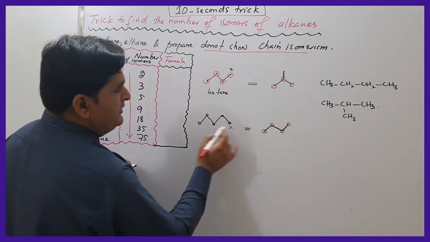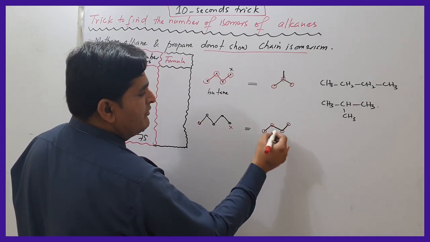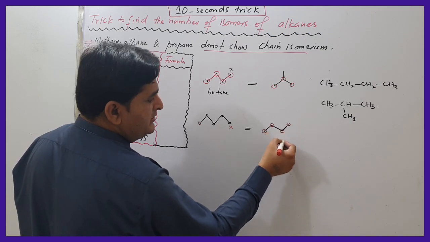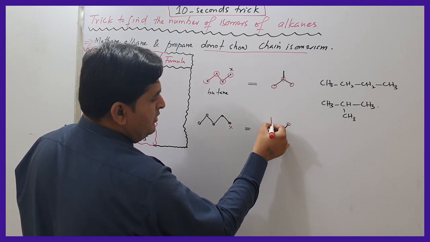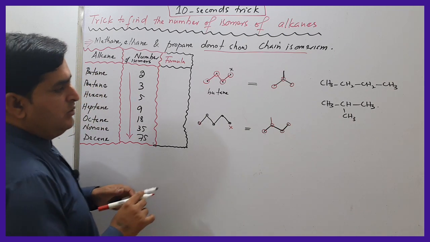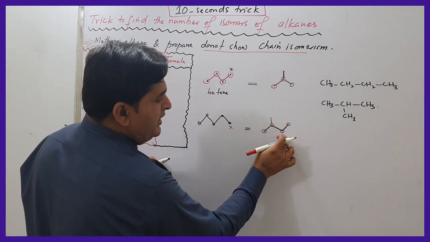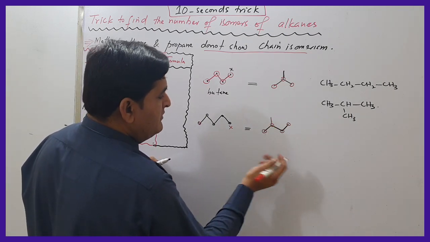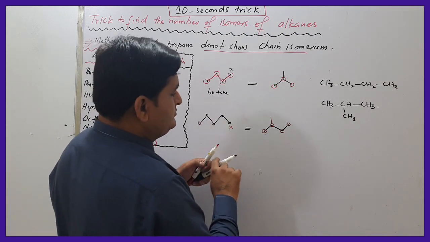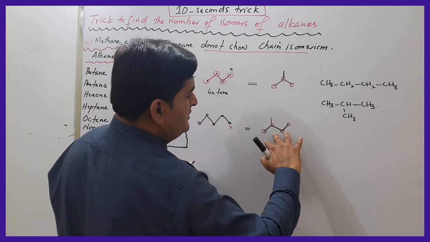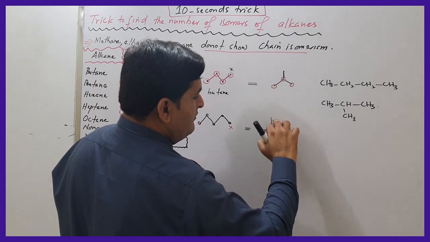Now the carbon that we have removed, we may attach either at this position or this position. If we put this carbon at either position, the structure will be the same. So how many carbon atoms are in the main chain? 4, and 1 in a side chain.